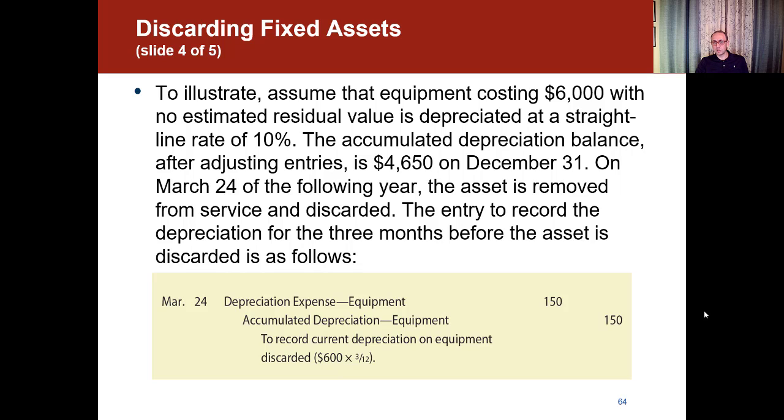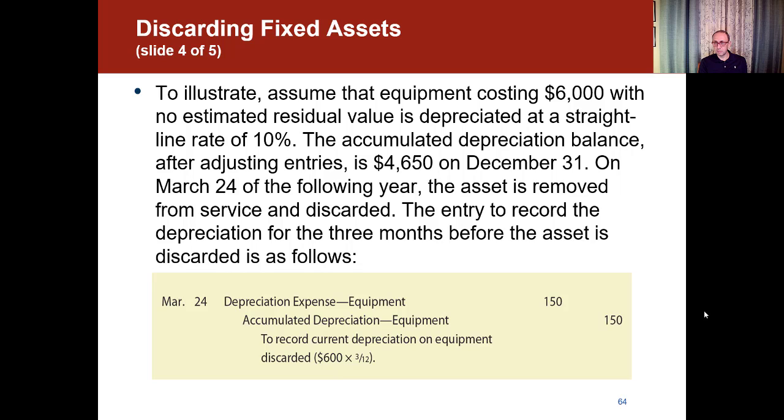The accumulated depreciation balance after adjusting entries is $4,650 on December 31st. On March 24th of the following year, the asset is removed from service and discarded. The entry to record the depreciation for the 3 months before the asset is discarded would be as follows. Please pay attention to that. The asset has been used for a specific period of time.